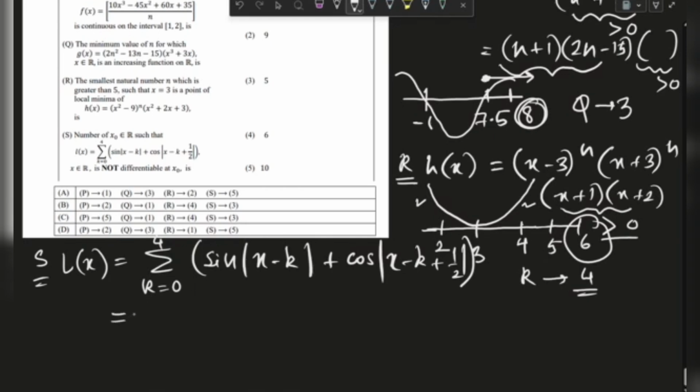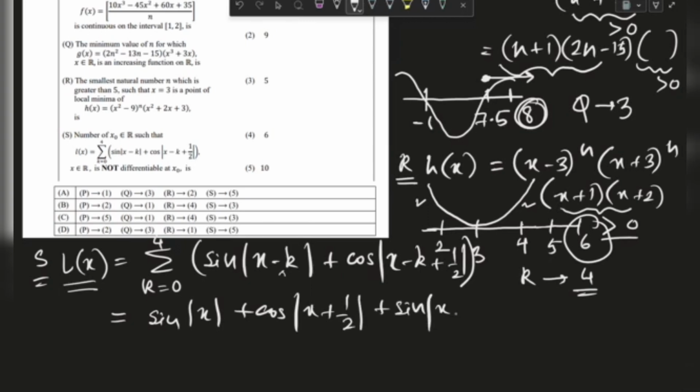So we have to find all those x naught belonging to R such that this particular Lx is not differentiable at x naught. So basically this involves a concept that maybe all of you have learned. If I put these values, we'll actually get this to be something like sine of mod x plus cos of mod x plus half plus sine of mod x minus 1 and so on.